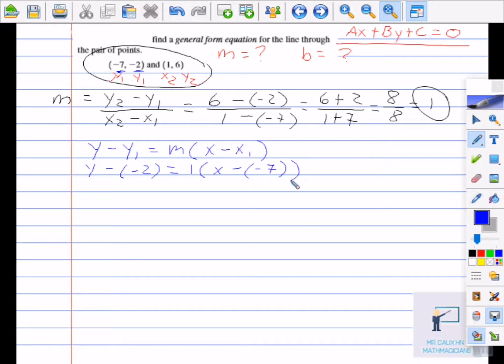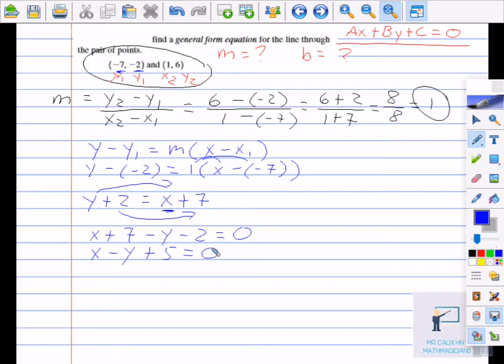We multiply our signs: y + 2 is equal to x + 7, since multiplying by 1 just makes it disappear. Since you're looking for ax + by, and I like my x to be positive, I'll send this information to the other side. x + 7 stays there, minus y minus 2 because they change signs, equal to 0. If you add your like terms, or subtract in this case, x - y + 5 = 0, and this is my standard form.